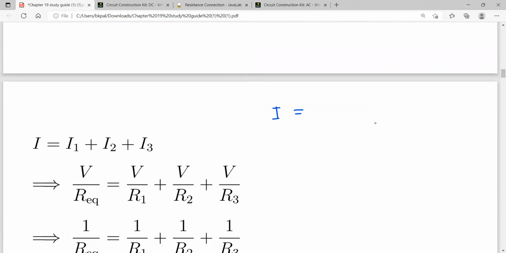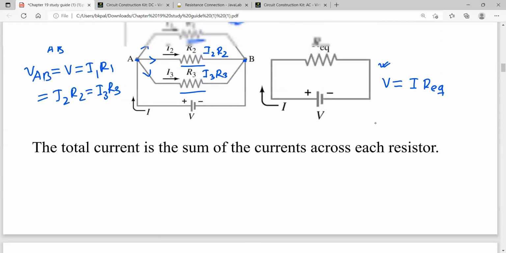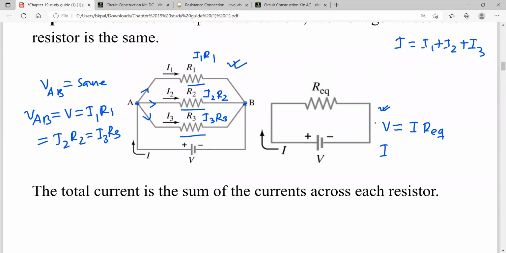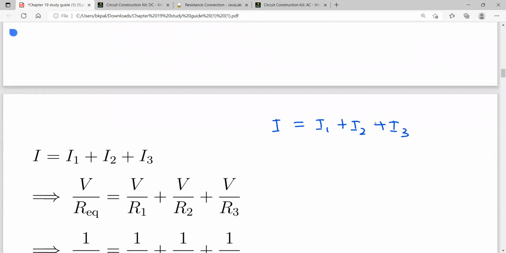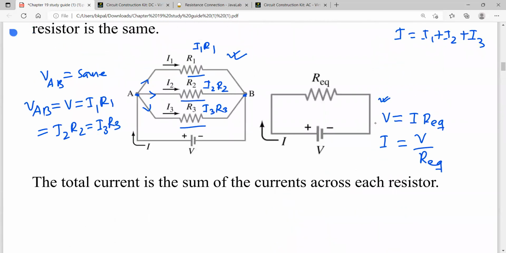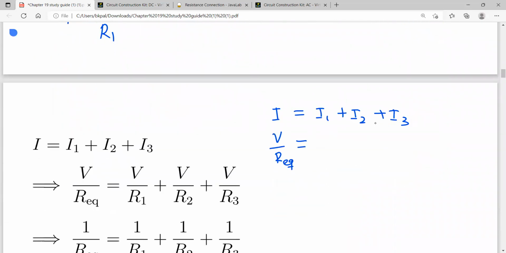I equal to I1 plus I2 plus I3, and then if I solve here, I get V over R_EQ. Let me substitute this. For I1, as V equal to I1 R1, if I solve for I1, I get V over R1.